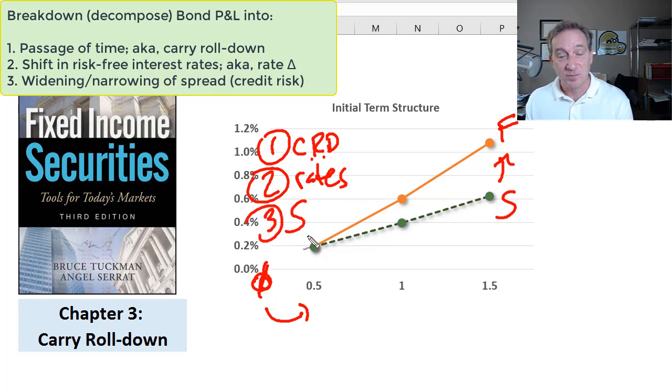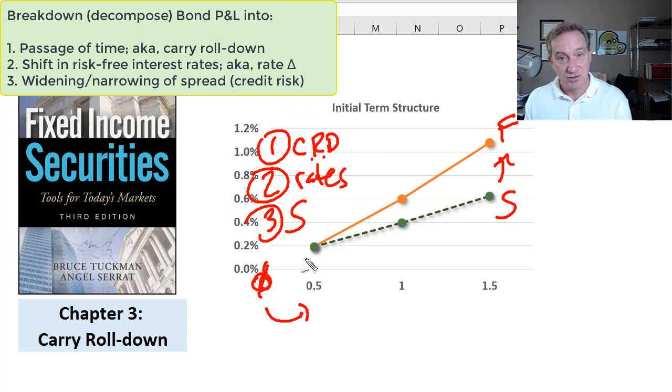Third, spreads. In this case, what is the price gain or loss due to a widening or narrowing of the spread? Unlike the rates, which is a market risk factor common to everybody, a widening or narrowing of the spread is specific to the bond, and we can call this a credit risk factor.